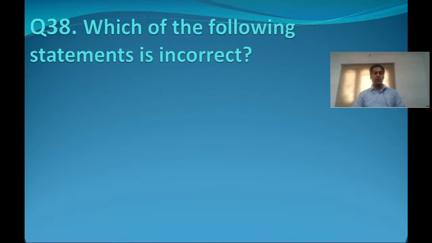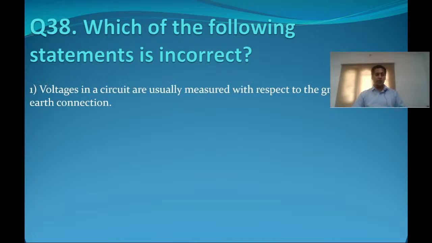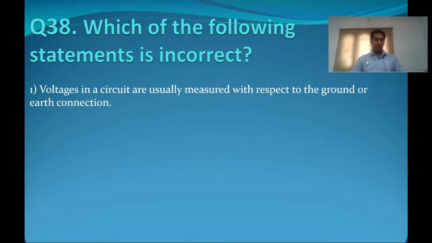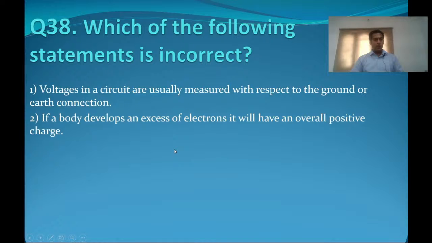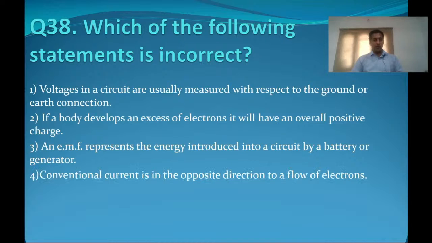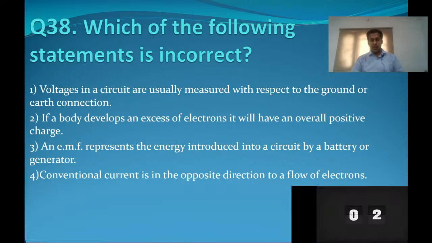The next question: which of the following statements is incorrect? The first statement is, the voltages in a circuit are usually measured with respect to the ground or earth connection. If a body develops an excess of electrons, it will have an overall positive charge. An EMF represents the energy introduced into a circuit by a battery or generator, or a conventional current is in the opposite direction to the flow of electrons. So your time starts now. Let us have 15 seconds to read the statements.